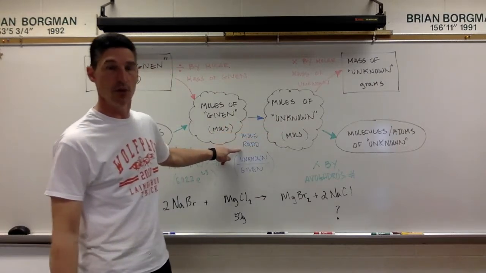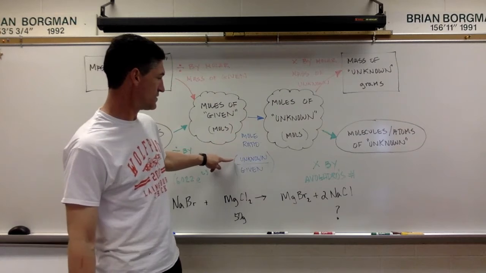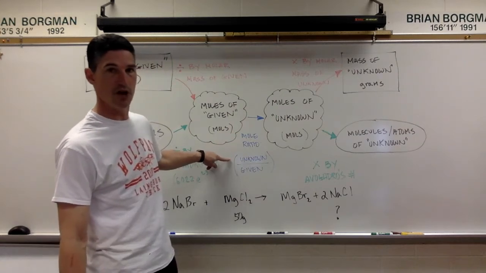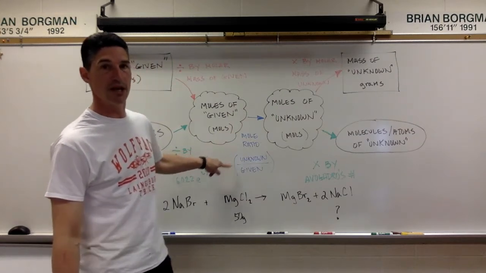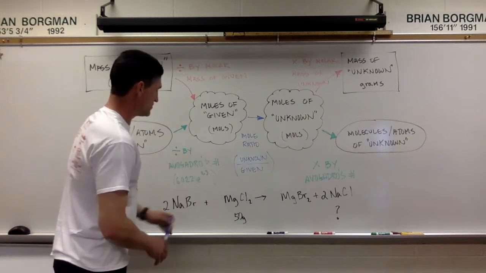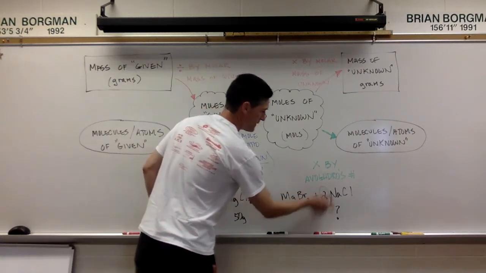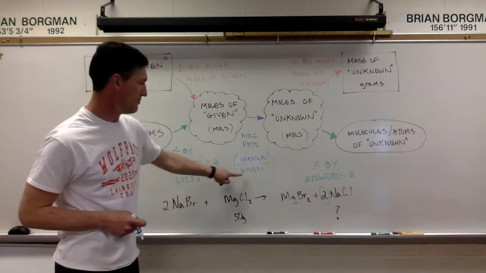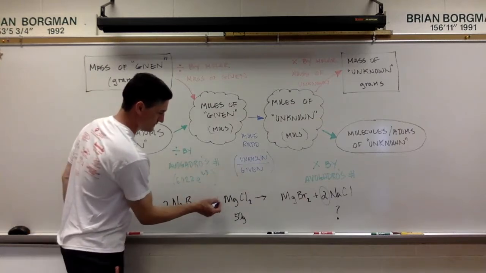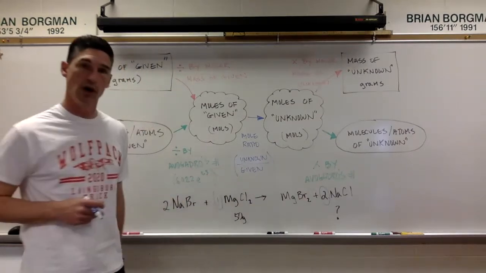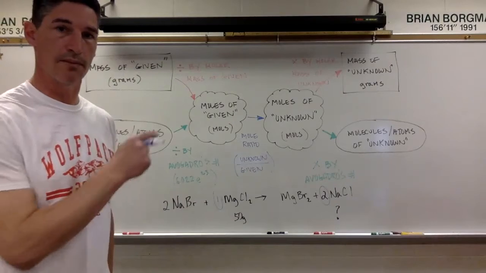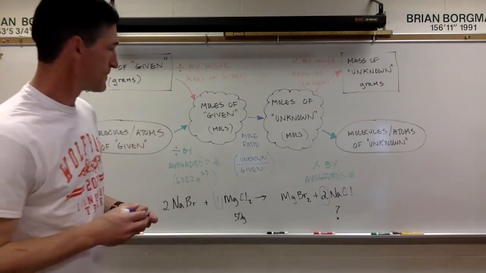You always take the number of moles of the unknown over the given, and these numbers come from your equation. The moles of the unknown was 2, and the moles of the given was 1, so my ratio would be 2/1, but I'll write that down in a second.